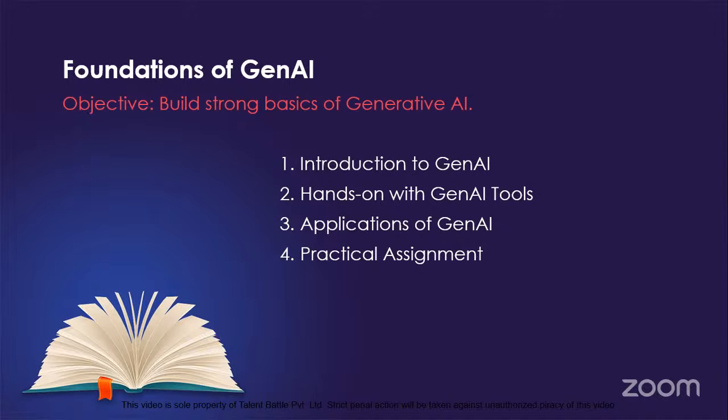So in our first module, that is Foundations of Generative AI, we are going to build a strong basic foundation of generative AI, and we'll understand a lot of things such as introduction to Gen AI, then hands-on understanding with Gen AI tools, applications, and some practical assignments. So as I said, in the introductory part, we need to understand the evolution of AI, narrow AI, how generative AI emerged, and then agentic AI, right?